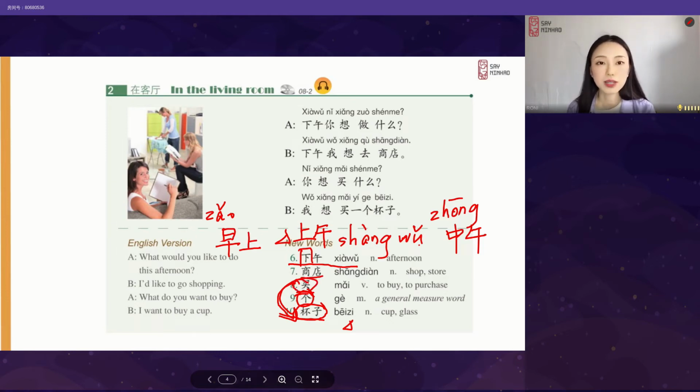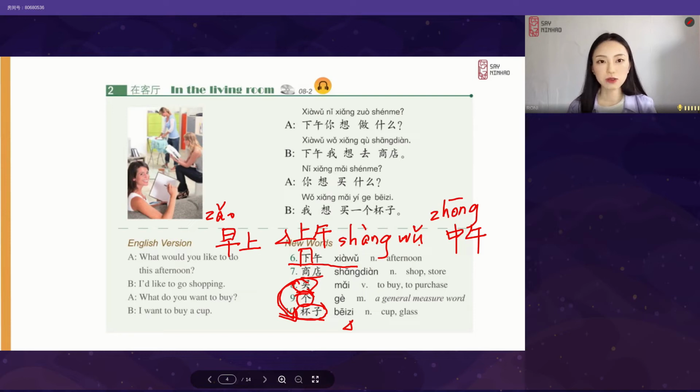Okay, try to say I buy a cup. Then it is 我买. First, we say the subject 我, me, and then the verb 买, 我买, and a cup is 一个杯子.